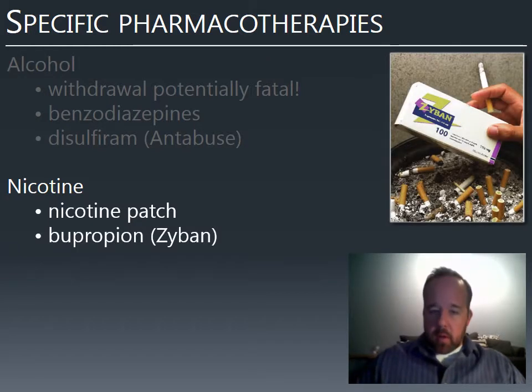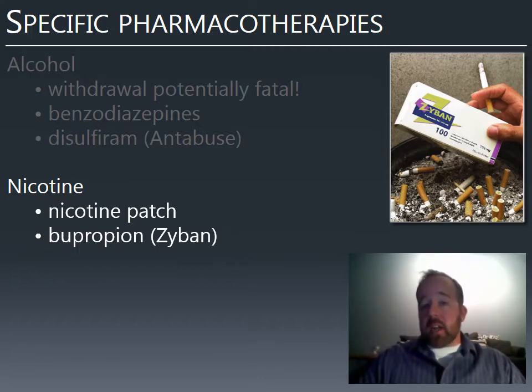More recently, you have drugs like bupropion, which is marketed as Zyban. Originally, it was used as an antidepressant called Wellbutrin, still is, but it was found that Zyban could be used to quit smoking, that those that were on this antidepressant were more successful at quitting smoking than those who were not.